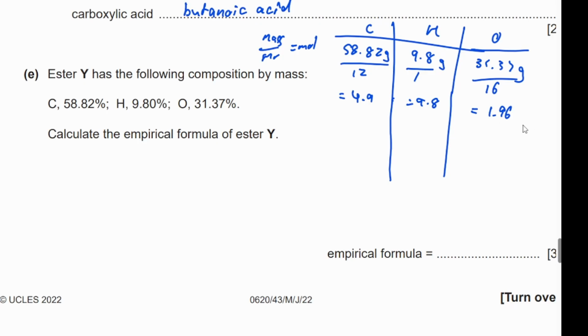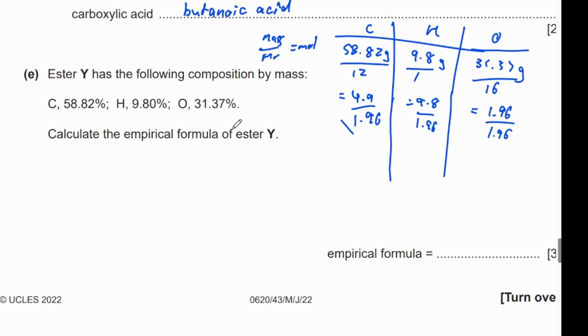Okay, so after you get the moles, you have to divide by the smallest mole to find the ratio, right? In whole numbers. In this case, the smallest is 1.96. So you take each answer and divide by 1.96. 1.96 divided by 1.96 is 1.